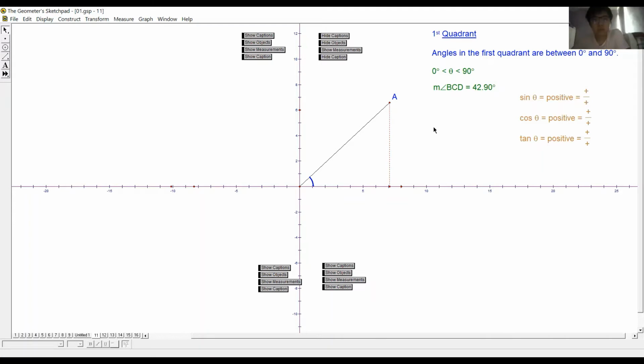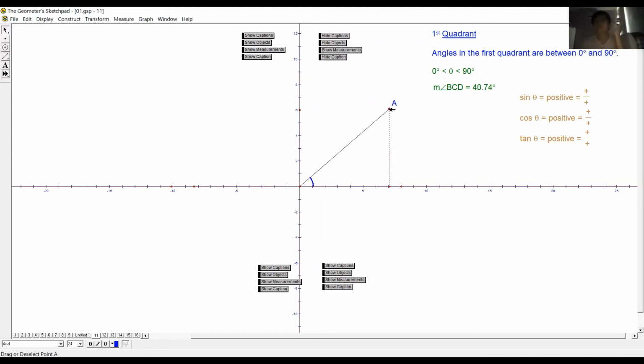Let's take an example. This angle is 42.9 degrees. Of course, we may have other angles, the size of the angle can change, but it is still inside the first quadrant, somewhere between 0 and 90.